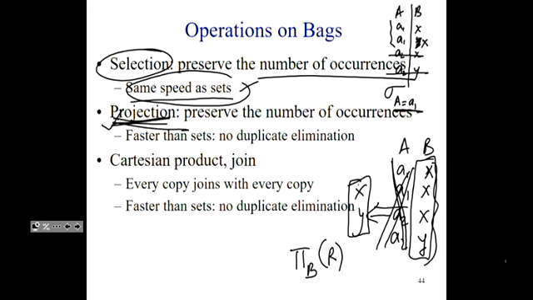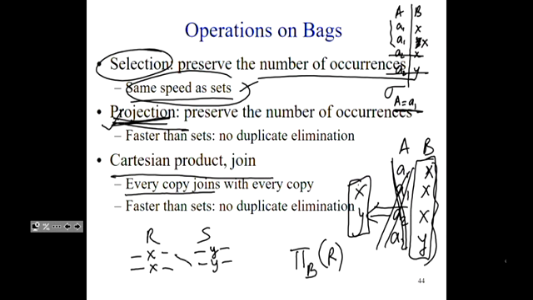Okay, so Cartesian products and joins are actually also straightforward. Basically, every copy joins with every copy. If you have two relations R and S, with two tuples corresponding to X and two tuples corresponding to Y, where X and Y are just my way of denoting those tuples, you will have all combinations of these things.